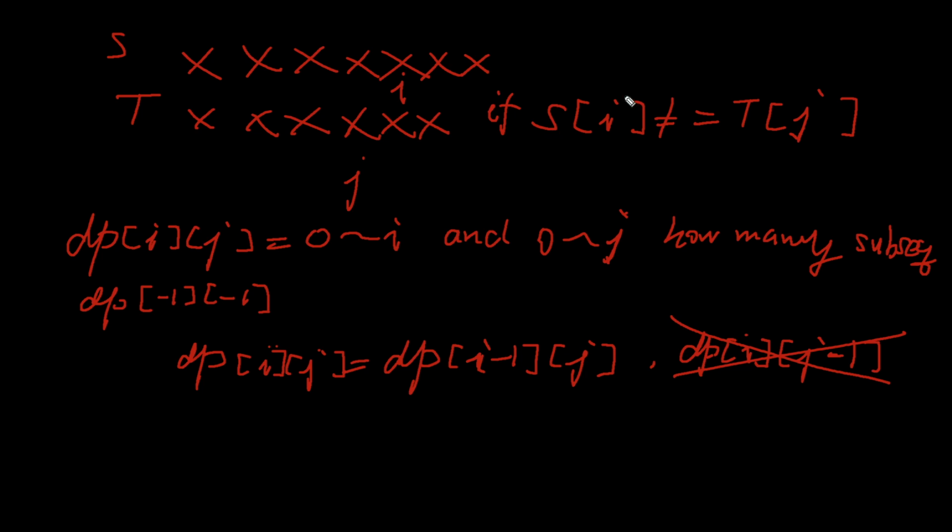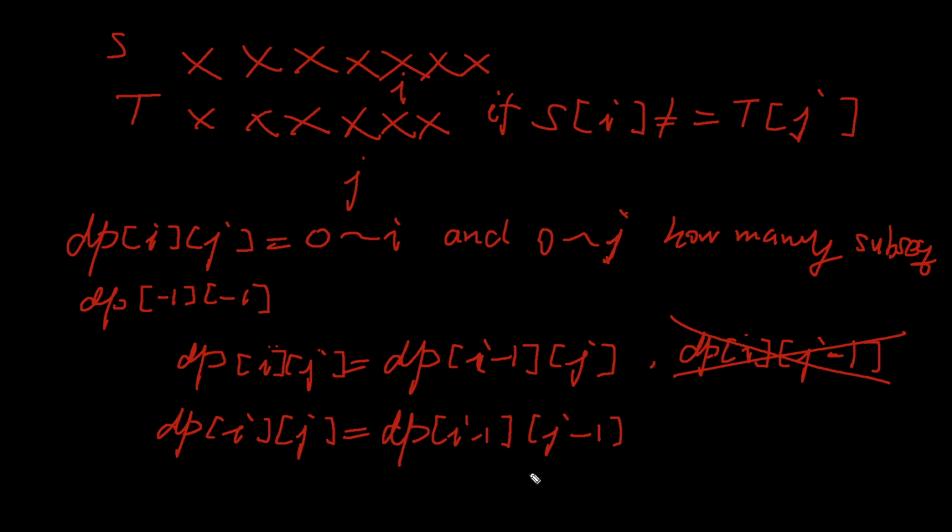And how about if s i is equal to t j, then what's going to happen? The first one is going to be this one. So we have i, j. This first one is dp i minus 1, j minus 1. Since i and j are the same character, let's say this one is d and this one is also d. They are the same.